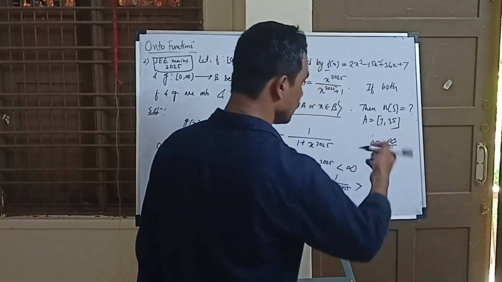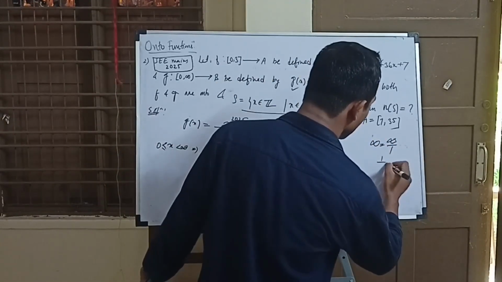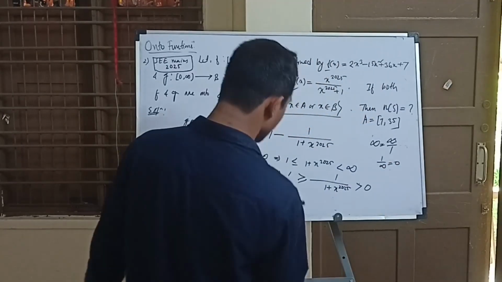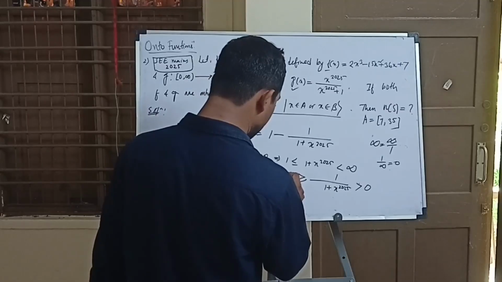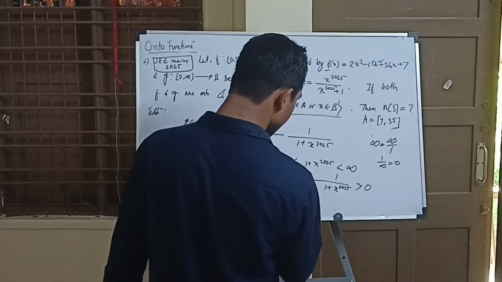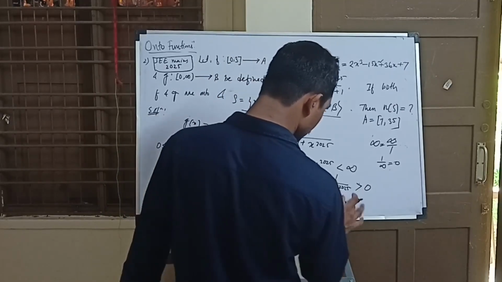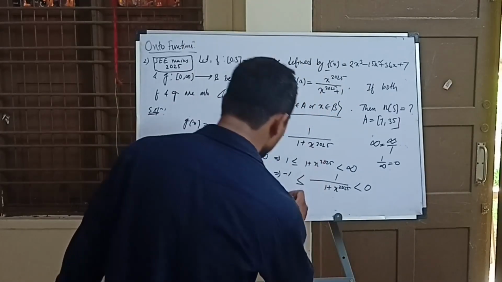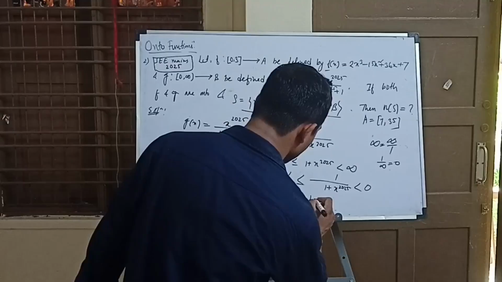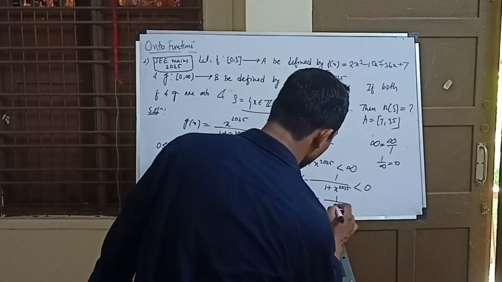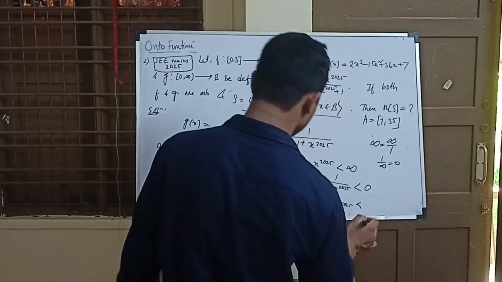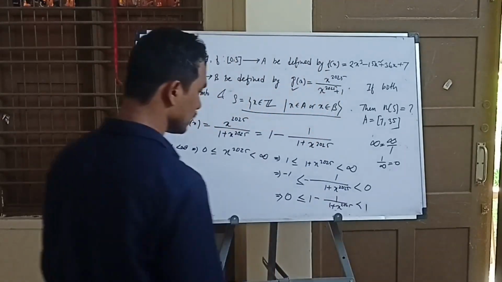So if you reciprocate it, 1 over infinity is 0, correct? This is 0, and taking the negative sign, this inequality will change, correct? This inequality will change, and adding 1, this will be 0, this is 1, minus of 1 plus x to the power 2025, less than 1, correct?